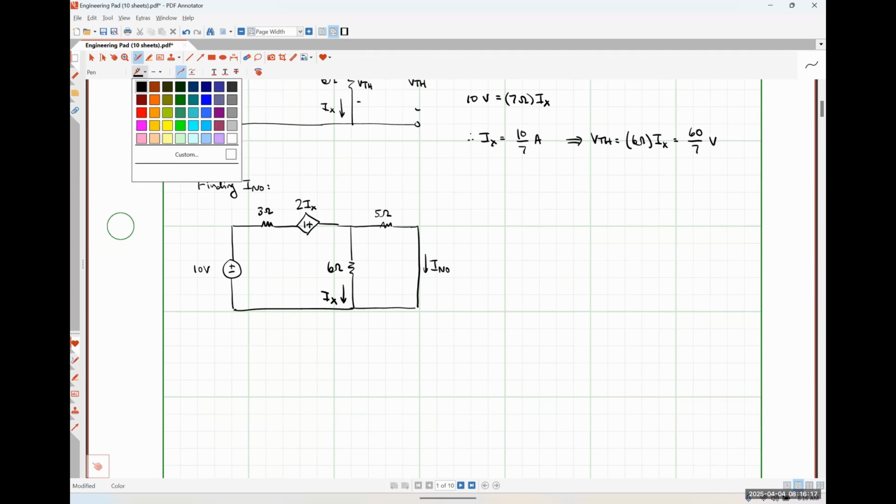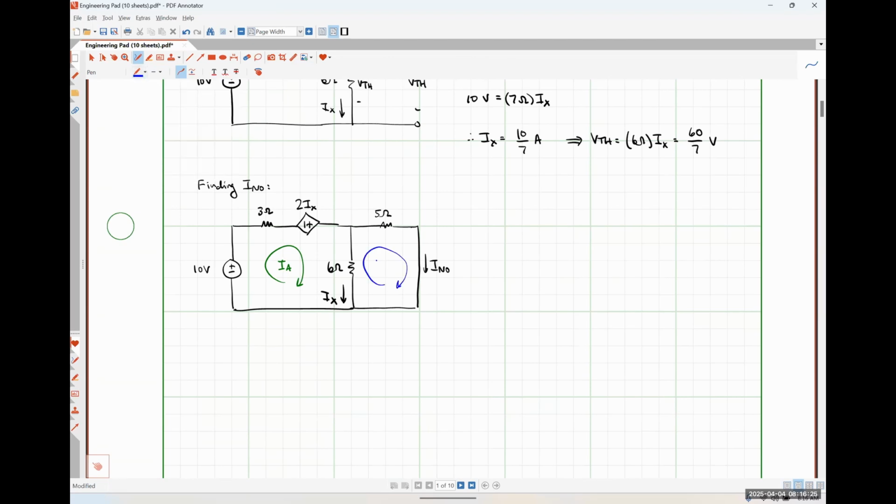So I'm going to call this guy right here mesh current IA, and this guy right here mesh current IB. So what would my controlling variable relationship be? IX is going to be equal to what combination of mesh currents?